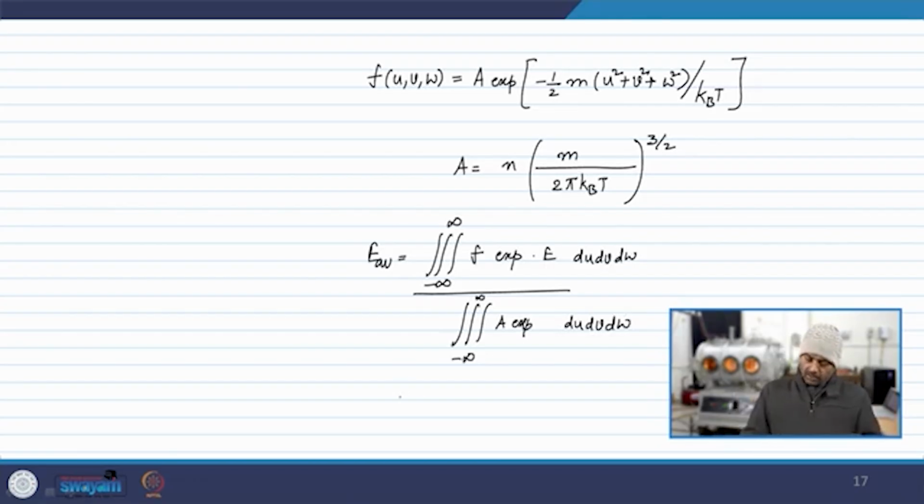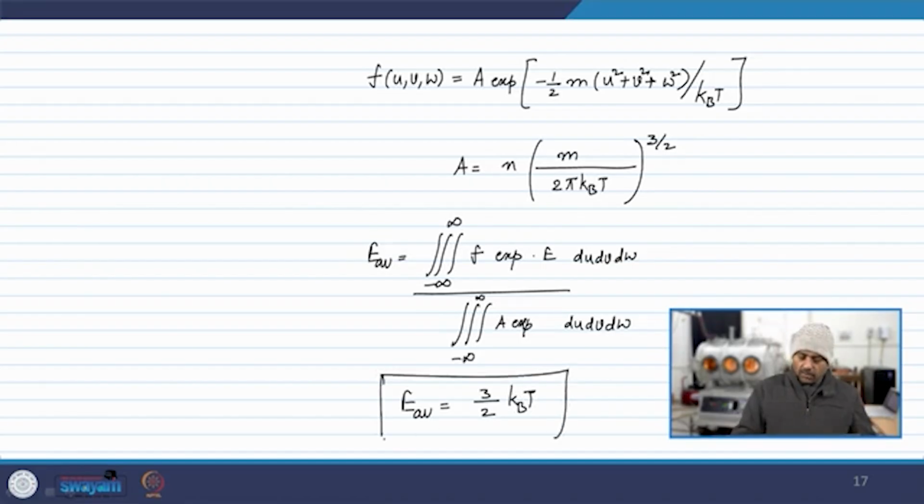If you do all that, the average kinetic energy along three dimensions would be 3 by 2 kBT. So E average is 3 by 2 kBT. Average energy is half kBT along one degree of freedom, or when velocity is in one direction. When the velocity is in all directions, it is 3 by 2 kBT.